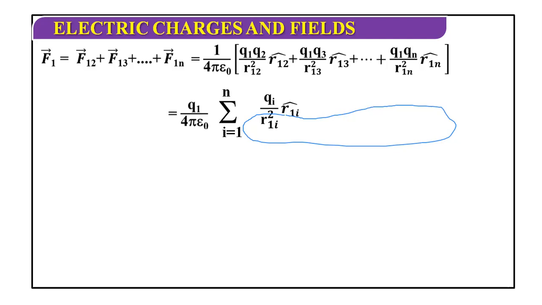So Q1 can be taken outside, and then we can make our final equation: summation i equal to 1 to n, Qi upon R1i square, R1i unit vector. So by placing the value of i from 1 to n, we can find all these things.